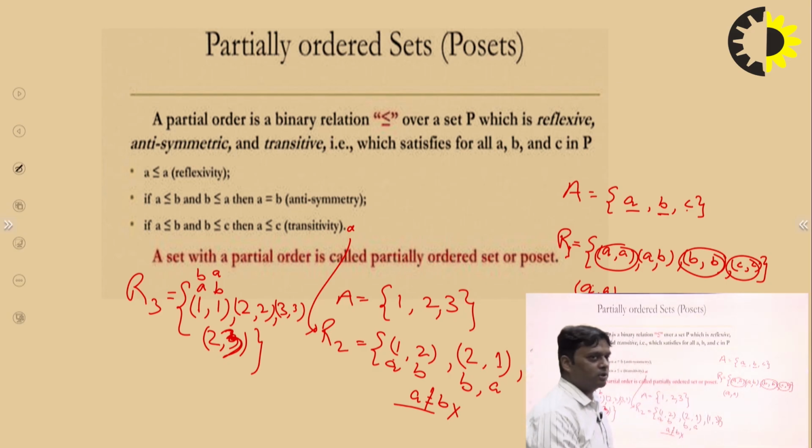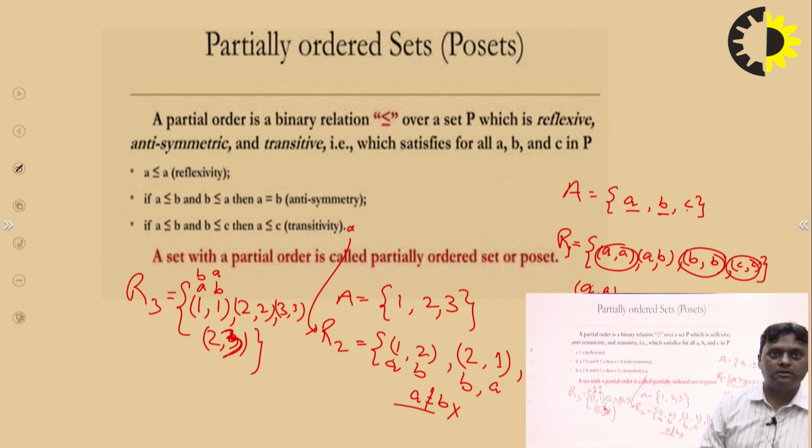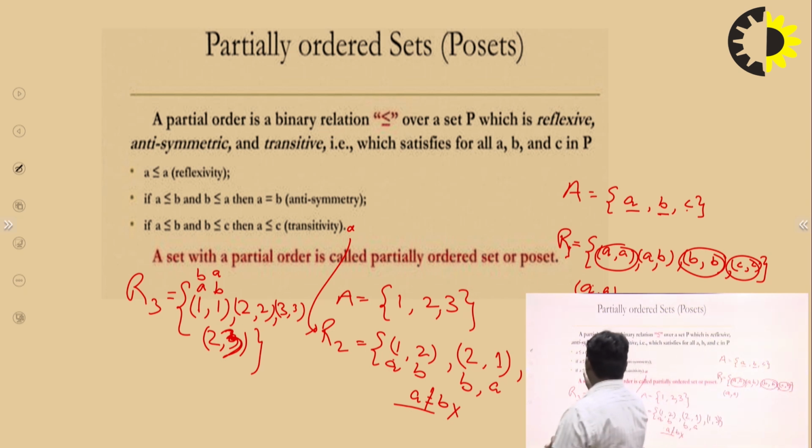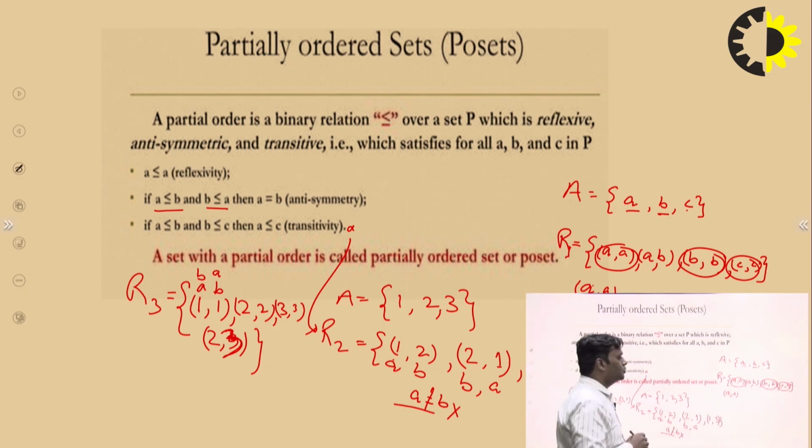Then (A, B) belongs to R and (B, A) belongs to R.